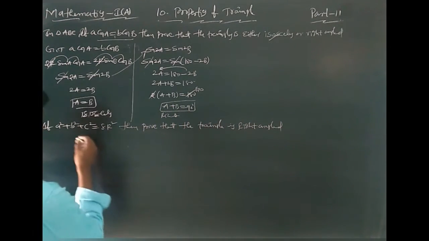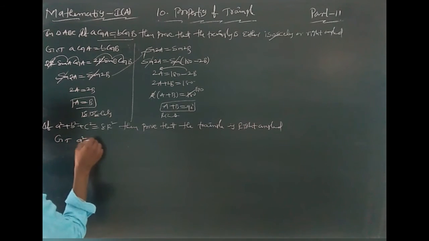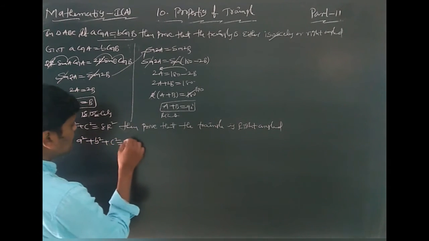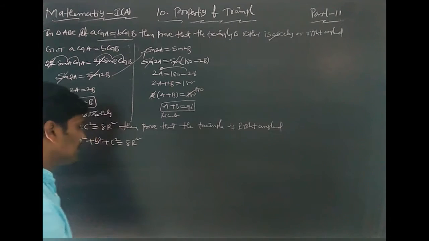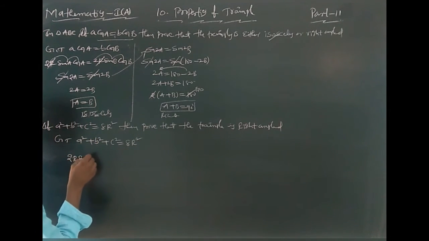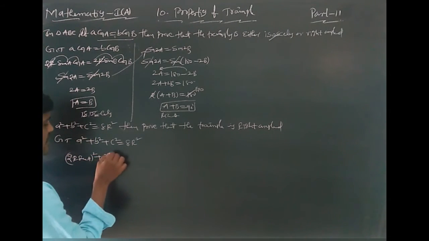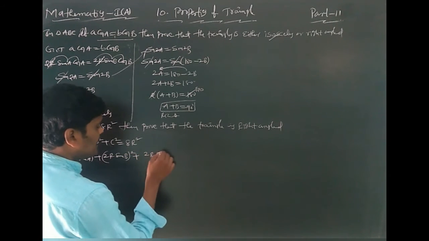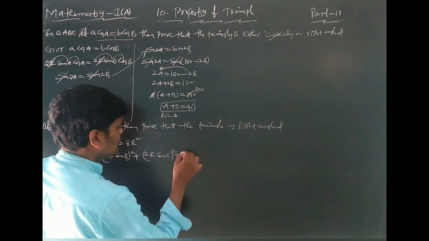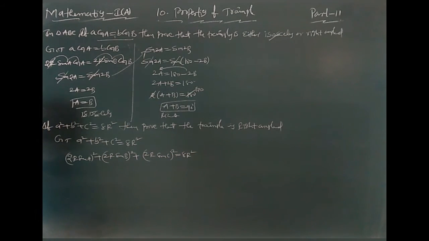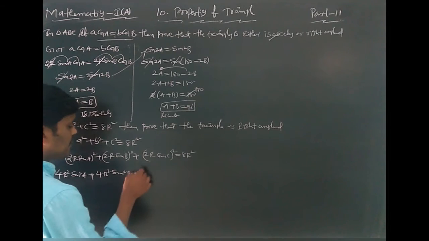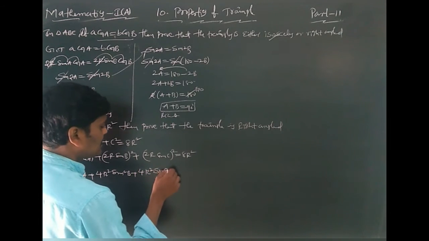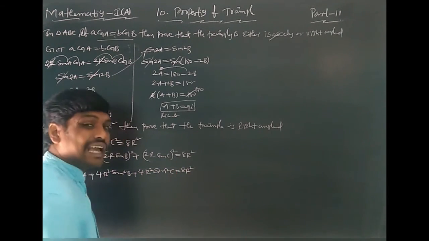Here first of all, given that a square plus b square plus c square is equal to 8R square. By the sine rule, a is equal to 2R sin A, b is equal to 2R sin B, c is equal to 2R sin C, each whole square, equal to 8R square. (2R sin A) whole square is nothing but 4R square sin square A, similarly 4R square sin square B, and 4R square sin square C, equal to 8R square.